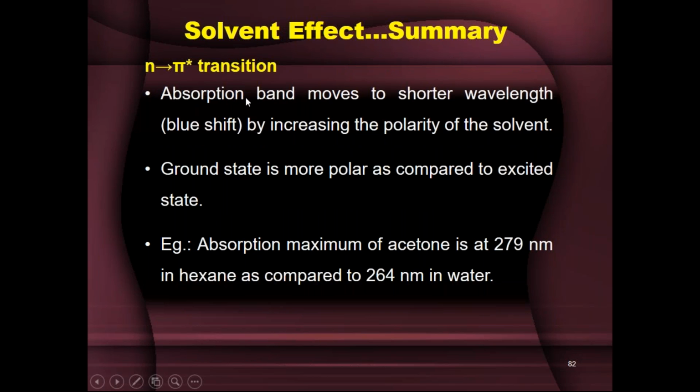So the n pi star transition, what type of shift will it undergo? The absorption band moves to shorter wavelength, that is blue shift, or it's also called hypsochromic shift, by increasing the polarity of the solvent.